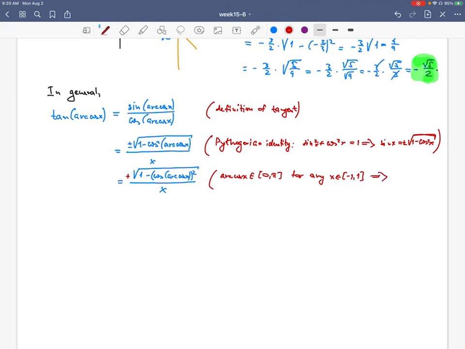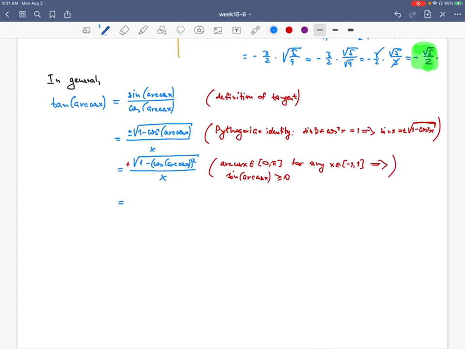So sine of arc cosine of x will be non-negative. So, of course, cosine of arc cosine of x is just x. So we get square root of 1 minus x squared over x. And note that this is true for any x between negative 1 and 1, except, of course, 0.